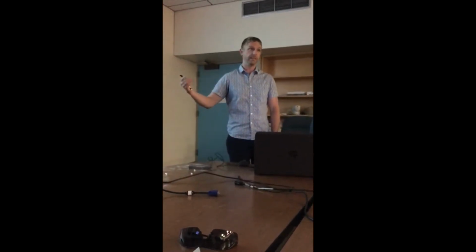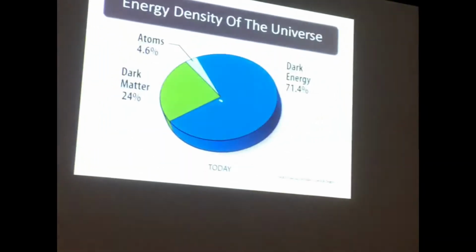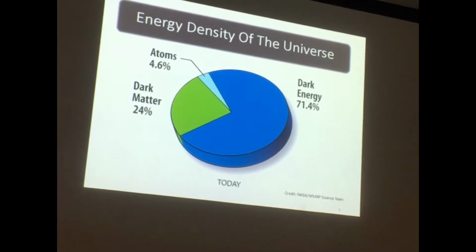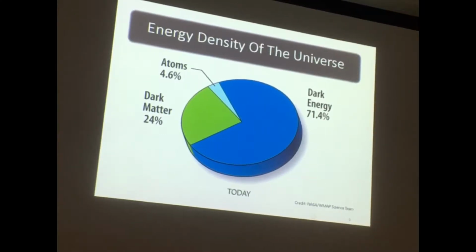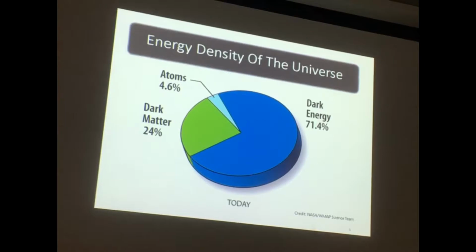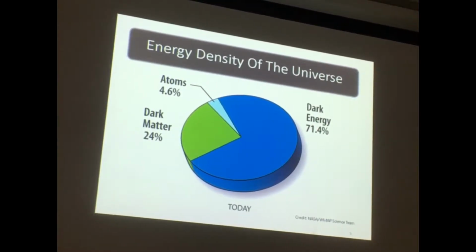Okay, so with those measurements and other measurements, we get this understanding of the universe that ordinary matter, the baryonic matter that we're made up of, is only 4.6% of the universe. Dark matter that I'll be talking about today is 24% of the universe, and then the rest is this mysterious dark energy.